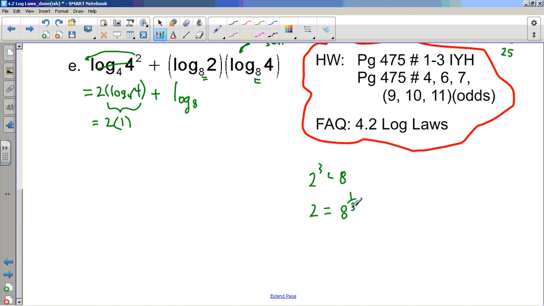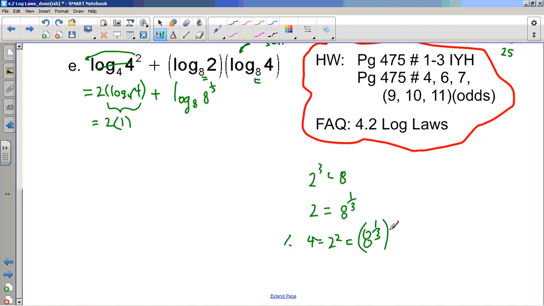And remember, fractions in the exponents means roots. So I can write that as 1/3. And similarly, what's 4? It's just this thing squared. Therefore, if I square both sides here, 4 is equal to 2 squared, which is equal to 8 to the 1/3, all squared.